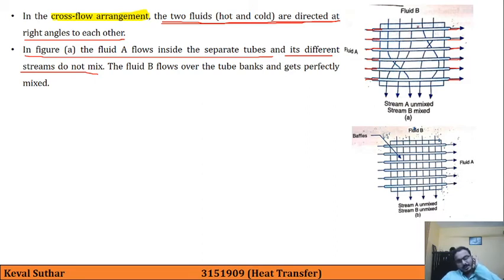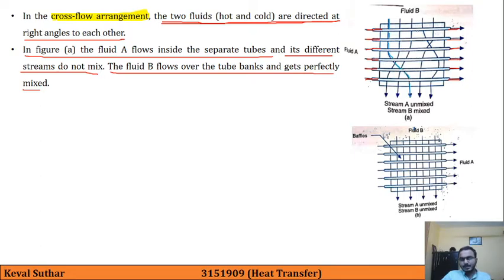Now regarding fluid B, fluid B flows over the tube banks and gets perfectly mixed. So fluid B is coming from the top and leaving at the bottom with mixing. So this is the way they are going, and they are allowed to mix with each other.